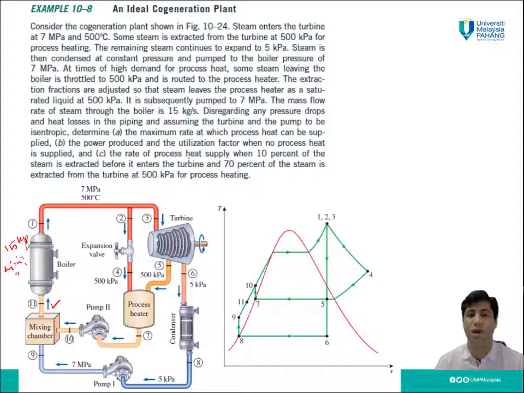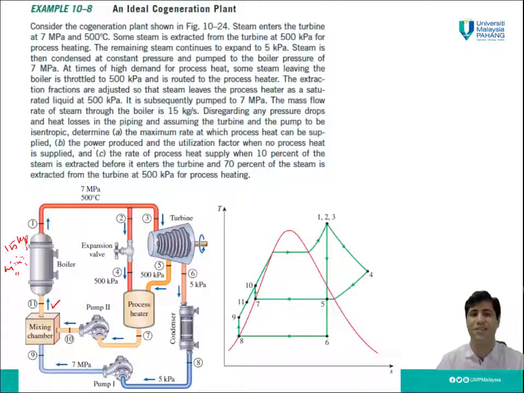Then the rate of process heat supply when 10% of the steam is extracted before it enters the turbine, in this branch, 10% in this line, and 70% of steam is extracted from the turbine at 500 kilopascal for process heating. Here also 70% after the turbine, 70% in this line.